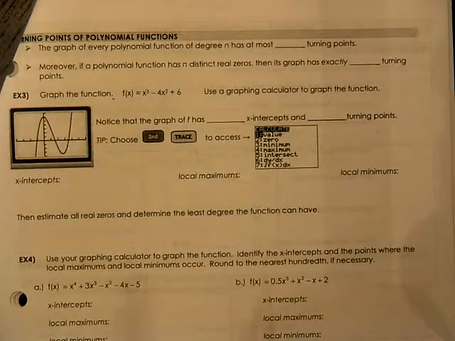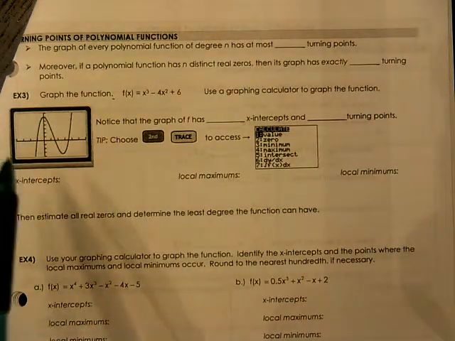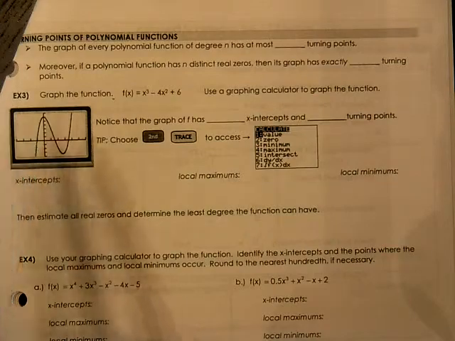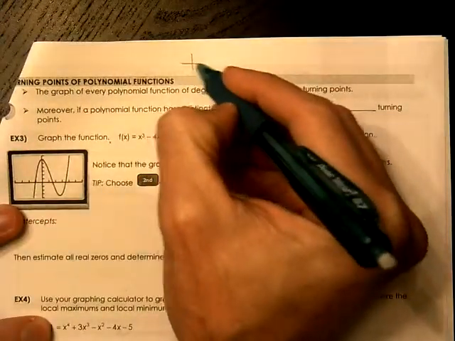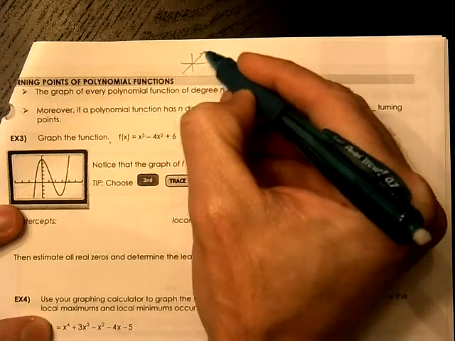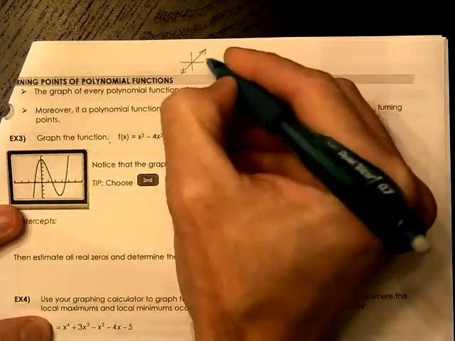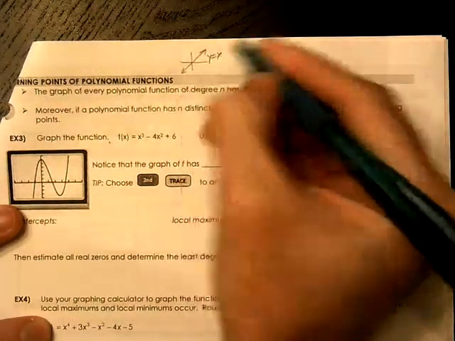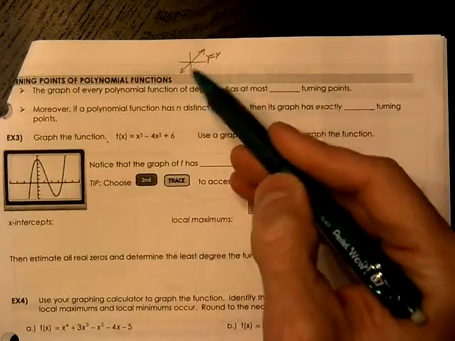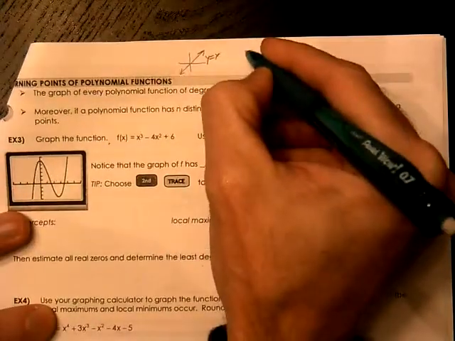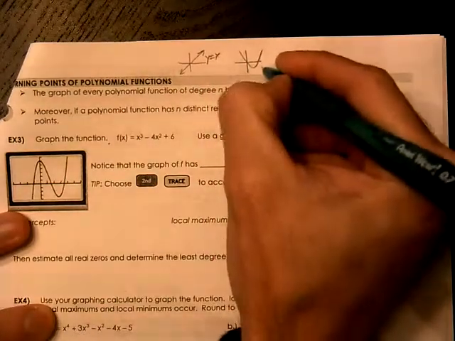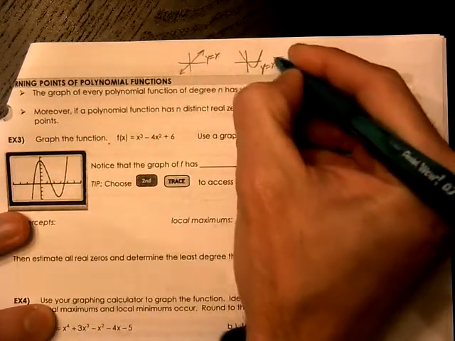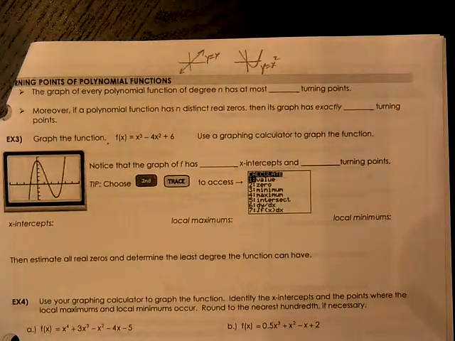On our next page, we're going to look at the number of turning points. I've made a reference to some of this already, but thinking about a linear equation, which would be x to the first power, it has no turning points. Think about a parabola, which would be something like an x squared type function.